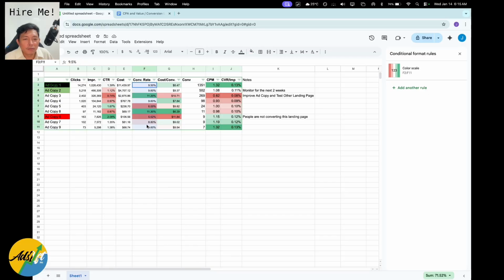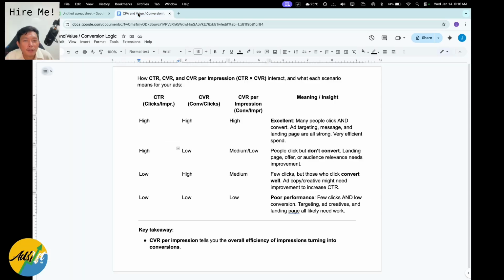Among the rest of the ad copies, this is the lowest one, so that's why we decided that ad copy 6 needs improvements to the landing page, as well as ad copy 3, which shows us low CTR and high conversion rate.